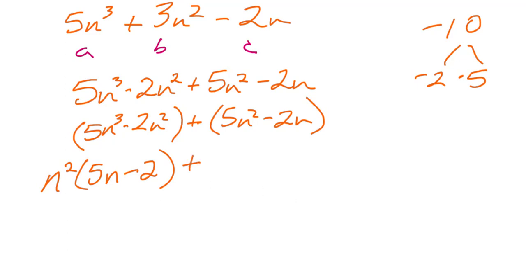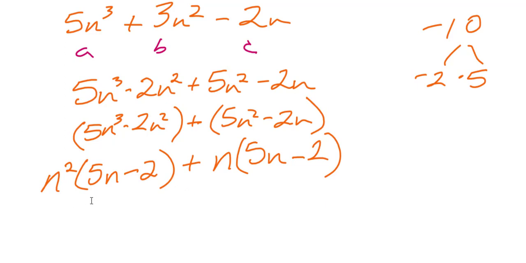Plus, now here, well, we can just pull out a 1 on this one, 1n in that case. So n, and what we're left with behind is 5n minus 2. Once again, if you look, 5n minus 2, 5n minus 2. Okay, so I know I'm on the right track.